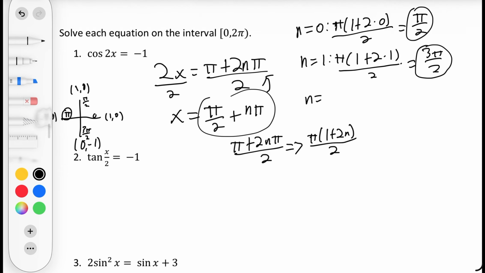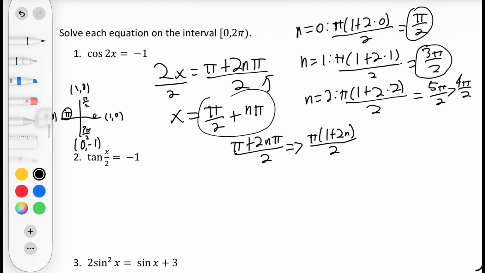And then n equals 2: pi times (1 plus 2 times 2) over 2, and we get 5 pi over 2. And this is where we would stop because it goes past our 2 pi.